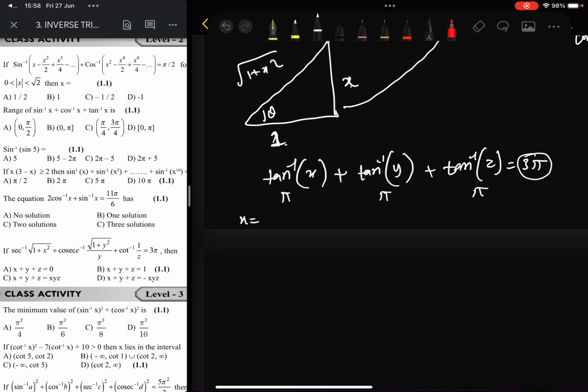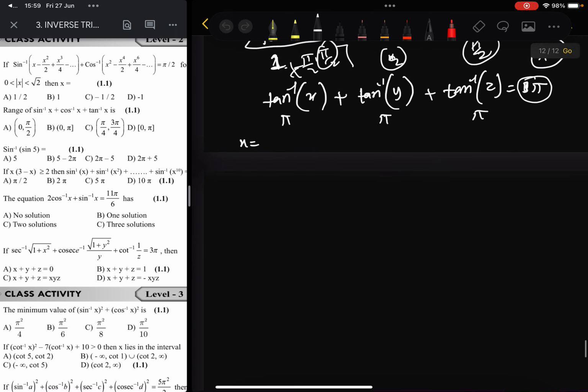Each angle will be between minus pi by 2 and pi by 2. If we take the maximum values of these angles, we get pi by 2, pi by 2 and pi by 2. That means 3 pi by 2 is not possible, but pi is possible. Pi possible, but 3 pi not possible.